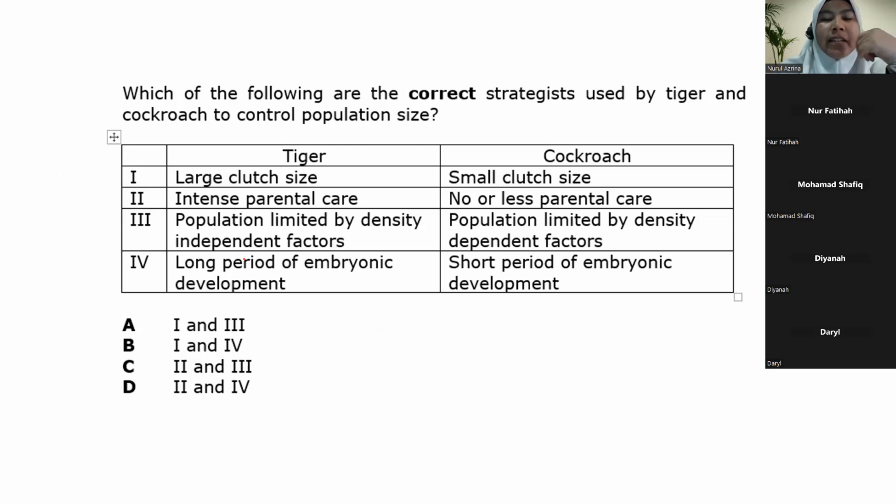First you have to identify which one is K strategy, which one is R strategy. Tiger is K or R strategy? Okay, this is K strategy. Cockroach is an insect, so dia adalah R strategy.